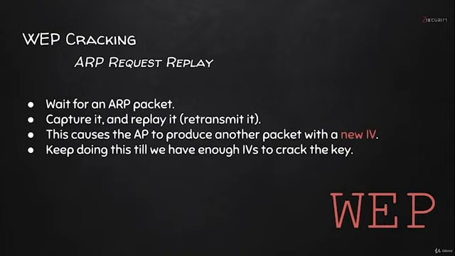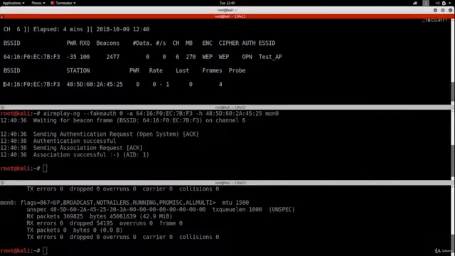So, by repeating this process, we will be forcing the router to continuously generate new packets with new IVs. Then, once we have enough data, once we have enough IVs, we can run aircrack-ng exactly as we seen before and crack the key. So let me show you how to do this in practice.